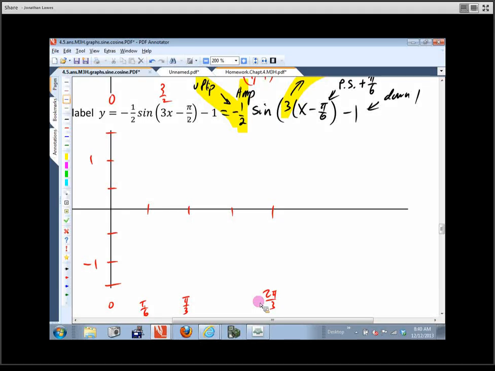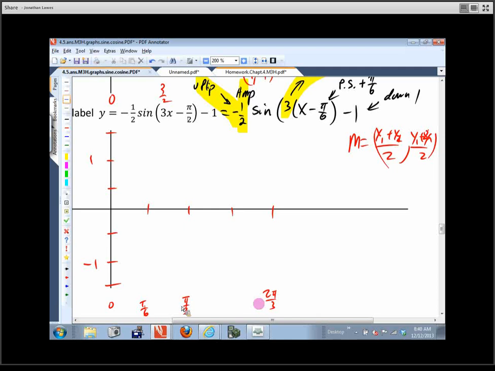It is pi halves. Do you want a formula to help you figure that out? There are a couple different ways you could do this. If you wanted to visualize this on the unit circle, this is pi thirds and this is 2 pi thirds. What's right in between? Pi halves. Another way is to use the midpoint formula. Remember, you add the x coordinates together and divide by 2, add the y coordinates together and divide by 2.